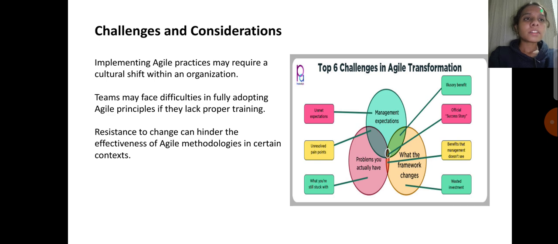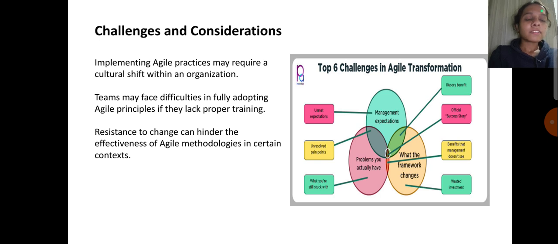And there are the top six challenges in agile transformation. The first is management expectations. There are unmet expectations and problems you actually have to face, that is unsolved pain points, and what you are still stuck with in the practices. From what the framework changes, there are benefits that management doesn't see.